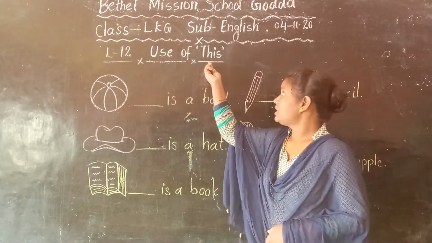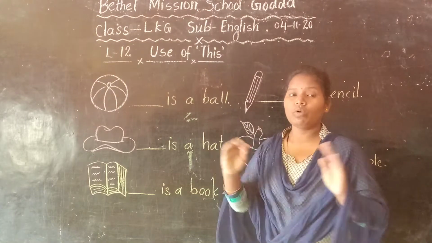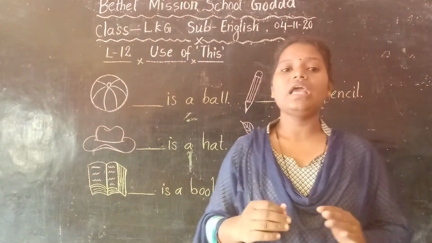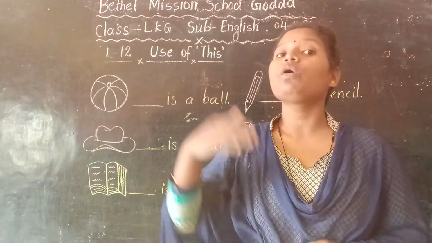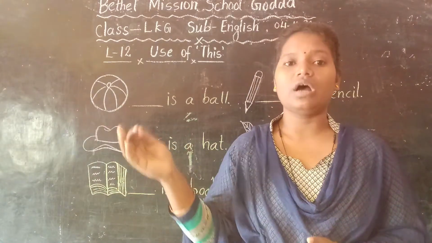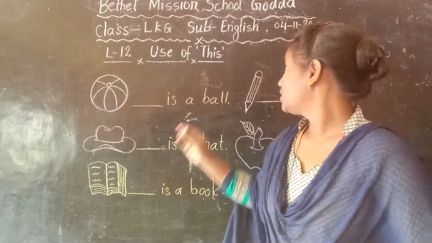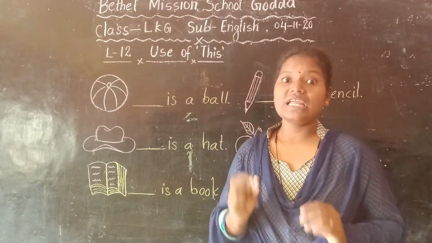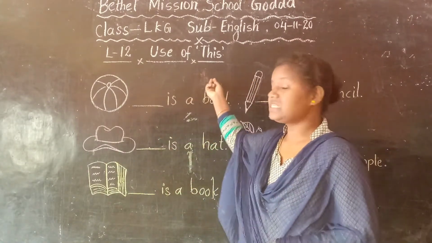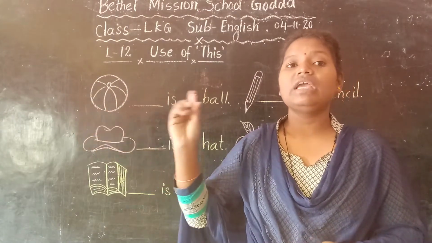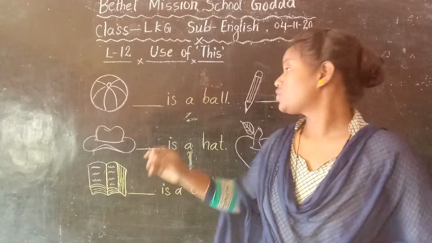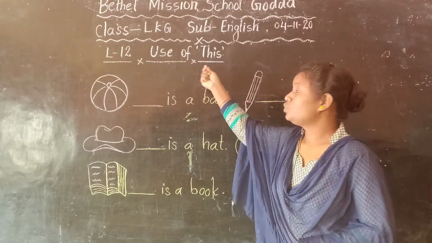So this का मीनिंग है यह. तो जो वस्तु हम लोग आसपास में रखे रहते हैं, हमारे आसपास होता है, तो उस समय क्या यूज करते हैं? यह. और जब वस्तु बहुत दूर रहता है तब क्या यूज करते हैं? वह. That means the things which are near us we indicate with this, and things which are far away we indicate with that.